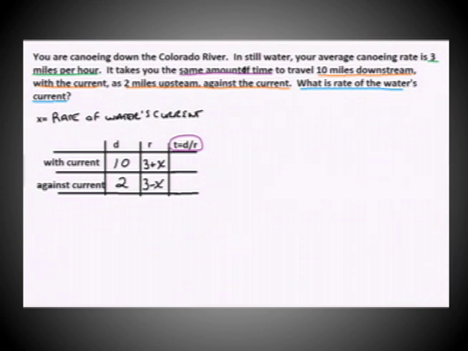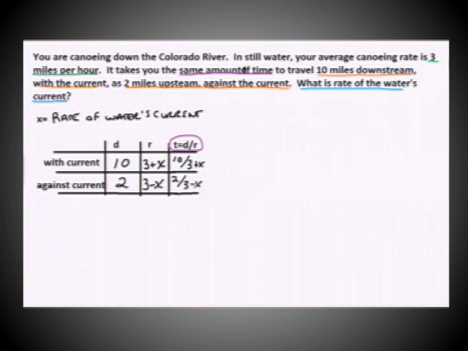But we can express our time using our distance and our rate. So notice time equals distance divided by rate. So our time here is 10 over 3 plus x, and our time here is 2 over 3 minus x.